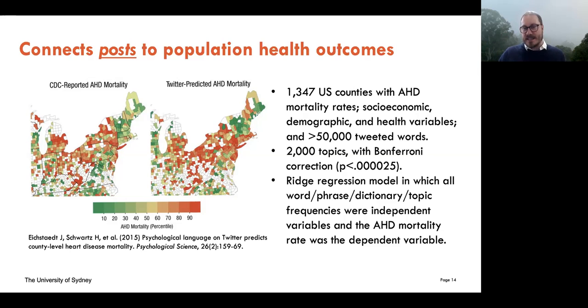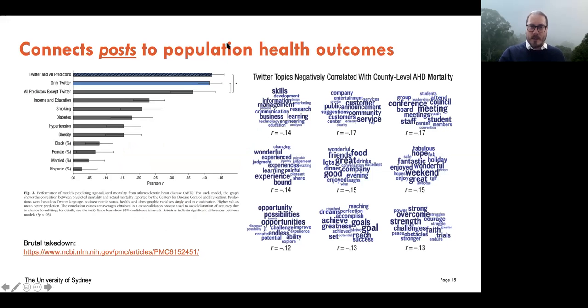So what they did is they started by using Bonferroni correction to minimize the number of topics or features that they were going to use, and then they wanted to check. And actually, this is one of the good things about this study, that they wanted to check whether or not the models that they could produce using information from Twitter were at least as good as the models that they could produce using information about the people in those counties.